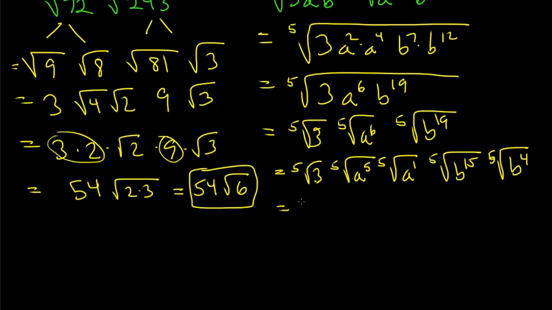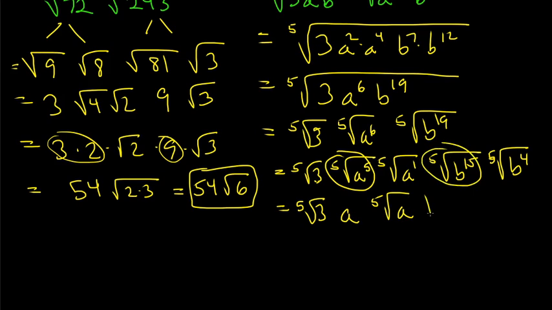Okay, so we still have the fifth root of 3. The fifth root of a to the 5th is just a to the 5 over 5, which is just a to the 1, or just a, right? Times the fifth root of a to the 1, and 1 is less than 5, so that's simplified.